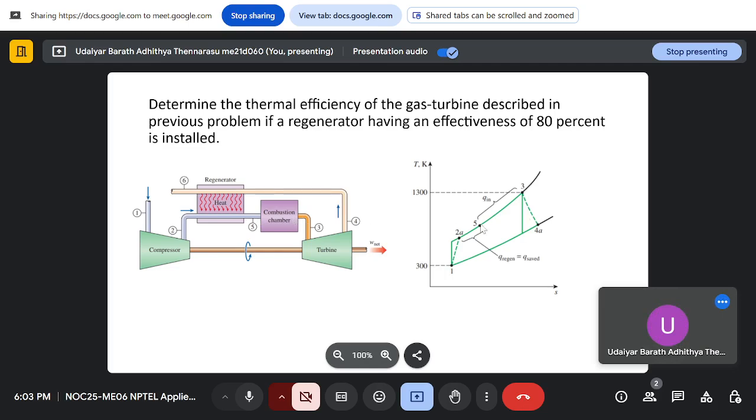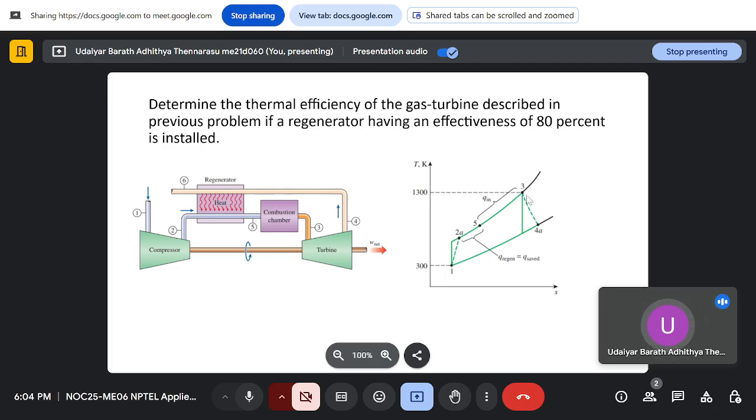That increases your energy, and that is expanded in a turbine and is sent out. In the diagram, your inlet is at 1 to the compressor, then you compress it to 2A, and then you heat it to 3 without any regenerator.